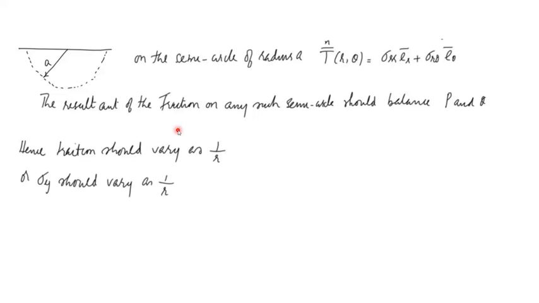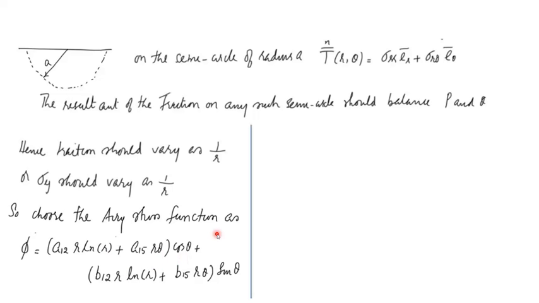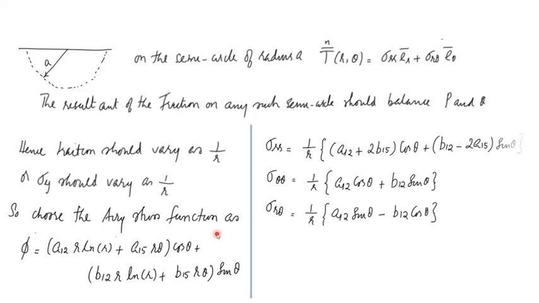Keeping this in mind, we can choose the Airy stress function as shown here from the Mitchell solution. So there is a log r term, there is an r theta term. Now once you know the Airy stress function, you can express the stress components in terms of it. If you do that, you will get these equations here for sigma rr, sigma theta theta and sigma r theta.